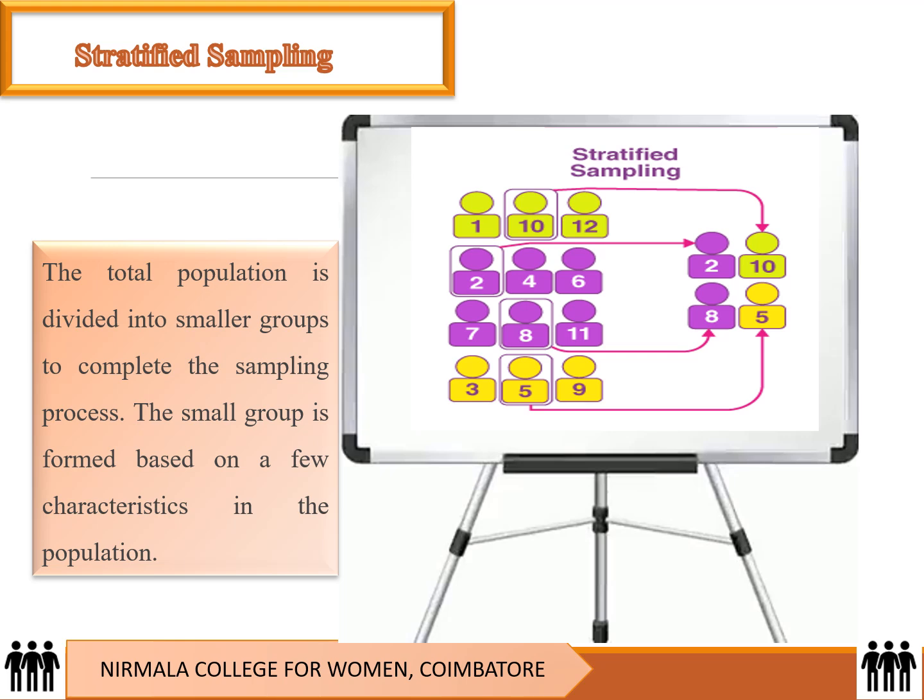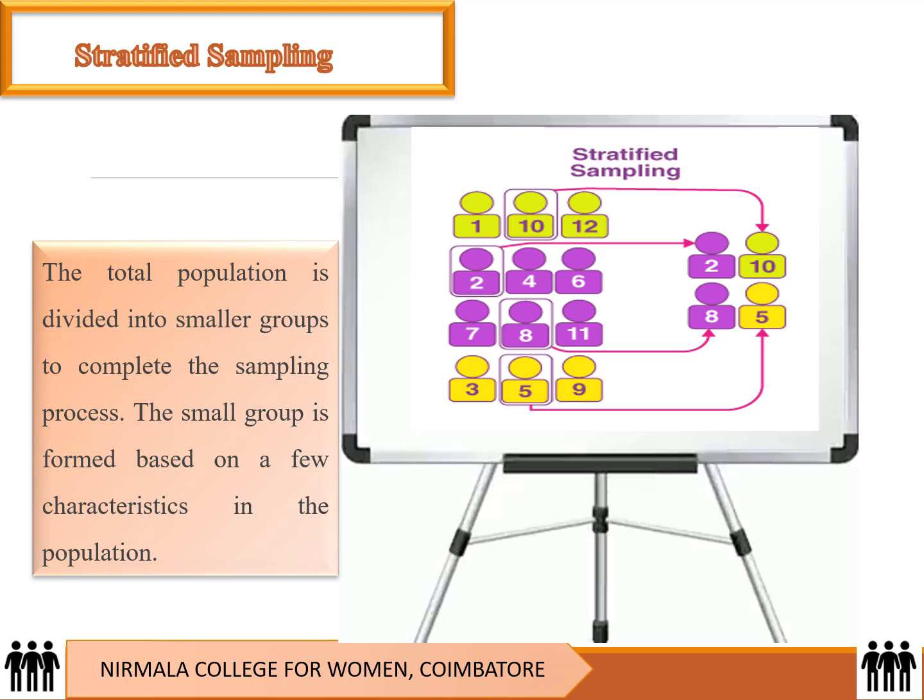So here also I will give one example. There are 3 bags. Okay, just think over. There are 3 bags like A, B, C, each with different balls. Bag A has 50 balls, bag B has 100 balls, and bag C has 200 balls.